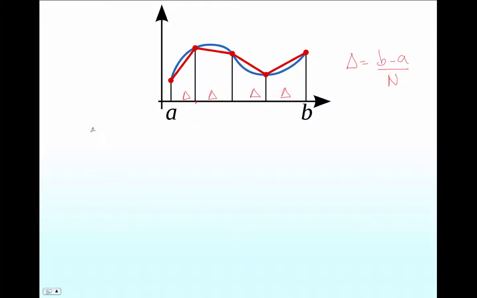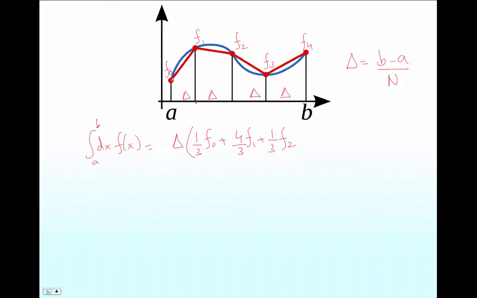And so the integral from A to B of this function f of x will be delta, and now it'll be 1/3. Let me now label this f0, f1, f2, f3, and f4. This will be 1/3 f0 plus 4/3 f1 plus 1/3 f2.